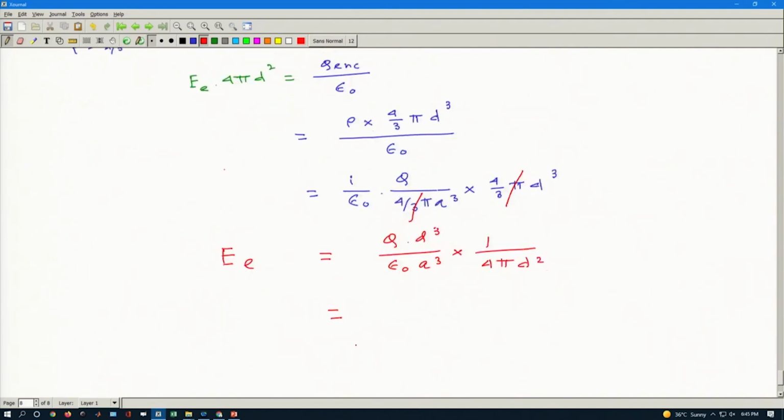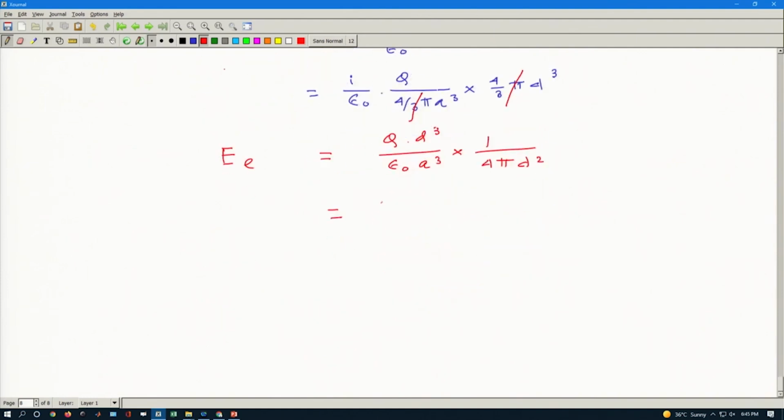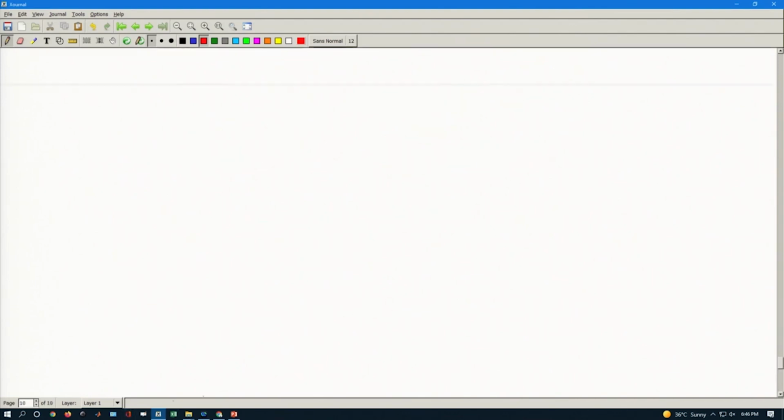So, eventually this value becomes total charge Q multiplied by d, divided by 4 pi epsilon naught a cube.